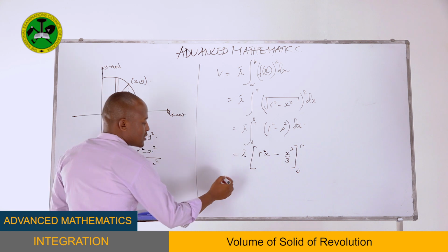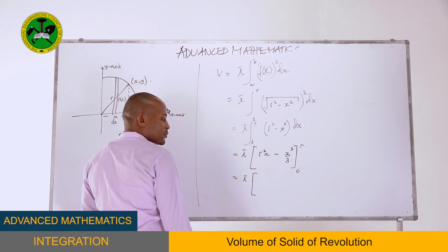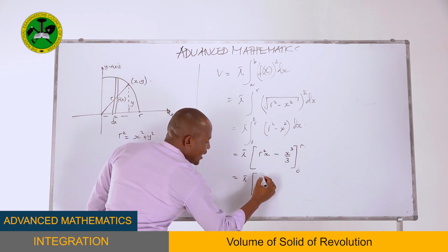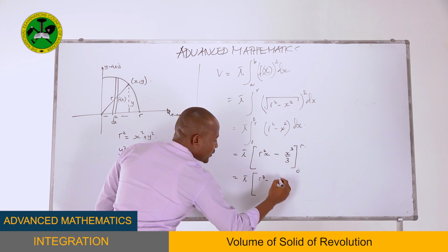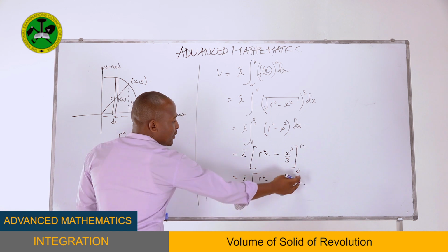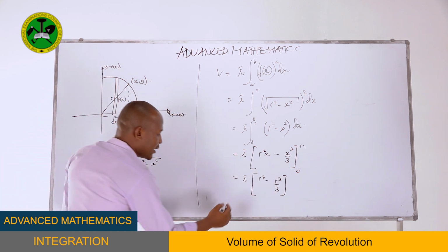And now let's plug those in. It will be pi over what? If you plug it there, it will be r cubed minus r cubed over 3. If you put a 0, then it will be 0 for the whole expression. Now let's see.